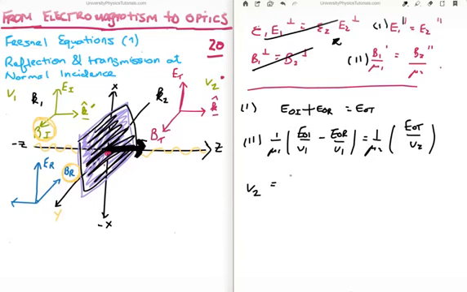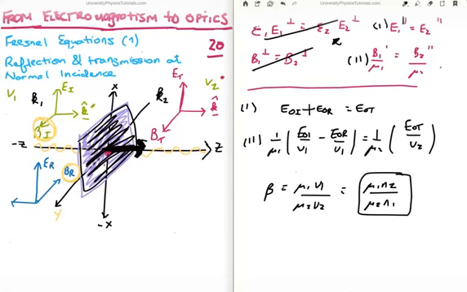Now let's just make a very quick substitution here. We know that the speed at which it's moving, so V2 is equal to c over n, and V1 likewise. That's the definition of the index of refraction. So if we make a substitution whereby we allow beta to be equal to mu1 V1 over mu2 V2, we're able to incorporate the indices of refraction as mu1 N2 over mu2 N1.